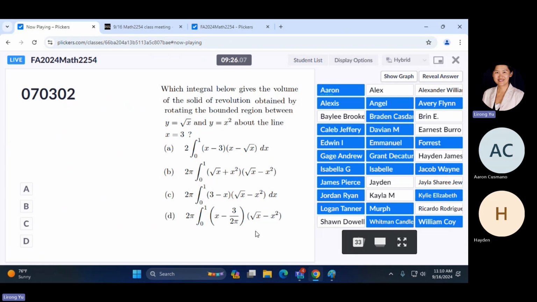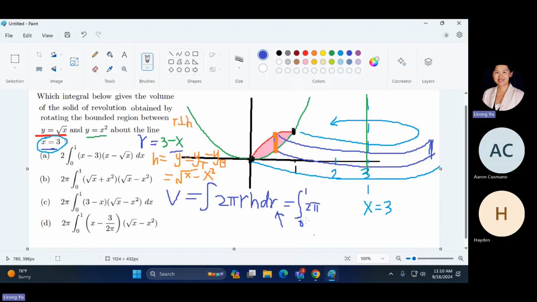So we can still, let's try to finish writing this. 2 pi, r is 3 minus x, so this is 3 minus x. And then h is root of x minus x squared. And then dr is d of 3 minus x. It's actually negative dx, but normally we'll just write dx.